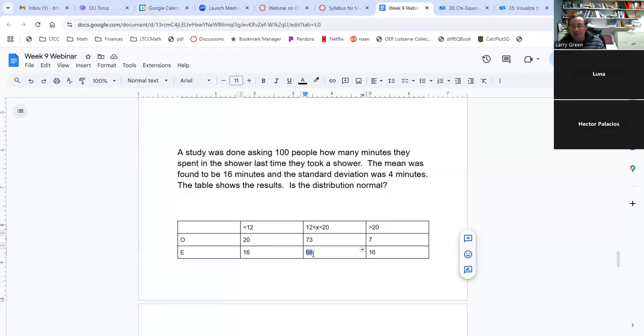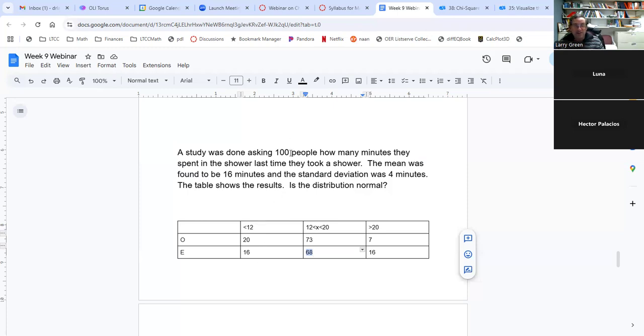Okay, if there's 68% inside, there's 32% outside, and half is on the left, half is on the right, because the normal distribution is symmetric on both sides. So 100% minus 68% is 32%, that's the outside. Half of that is 16%.